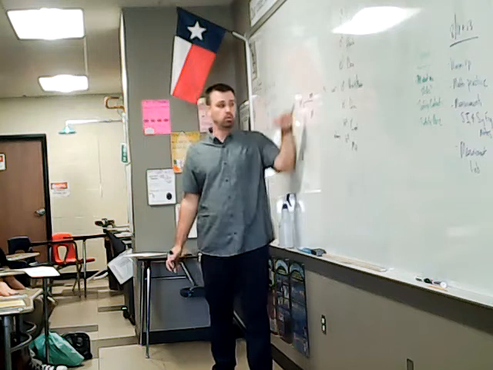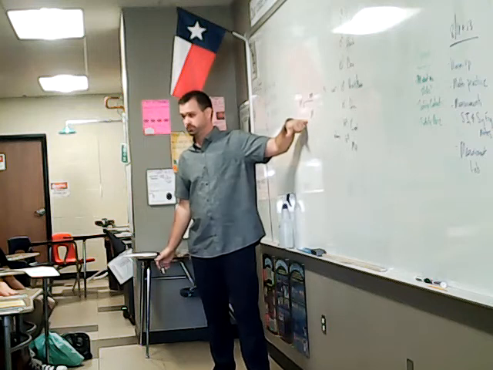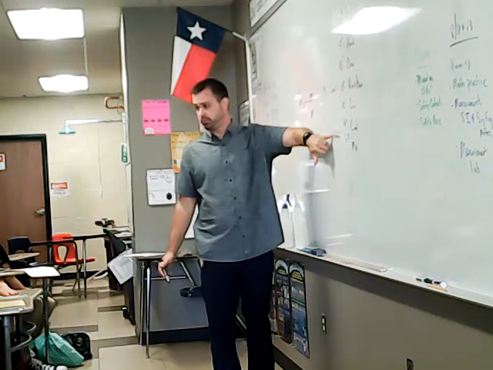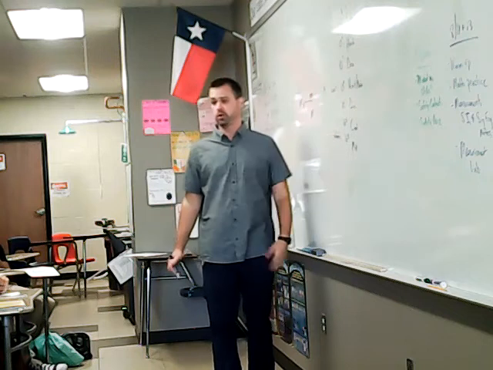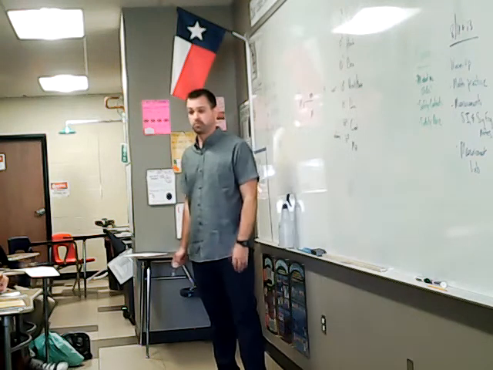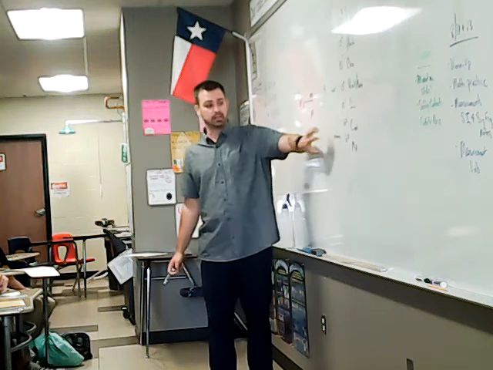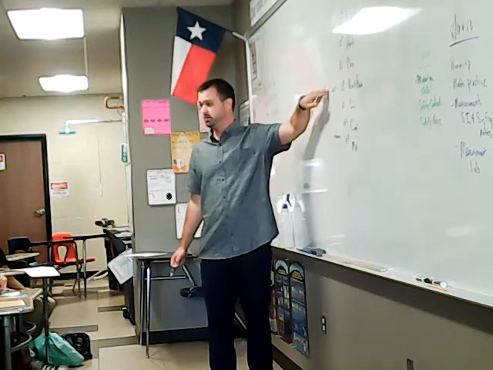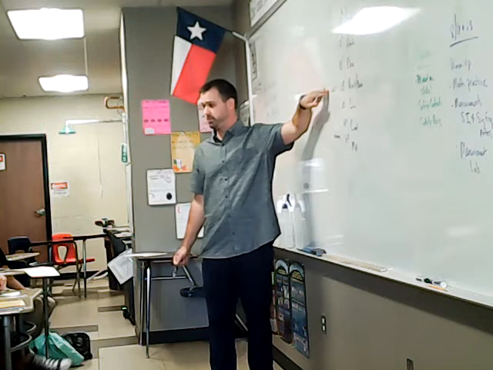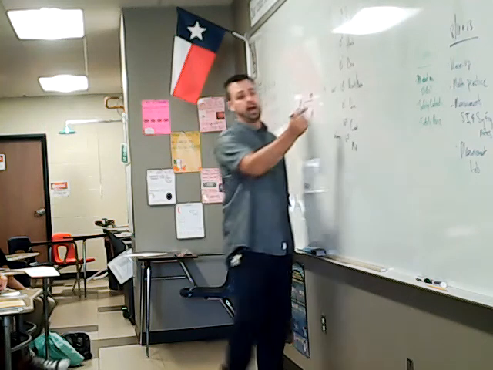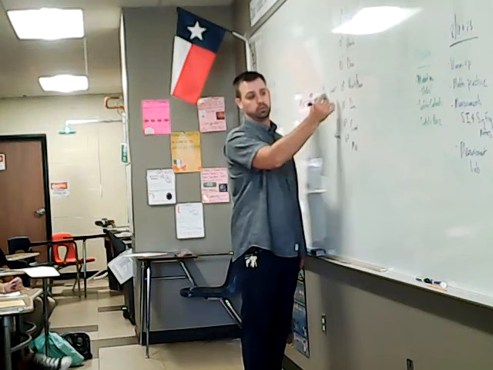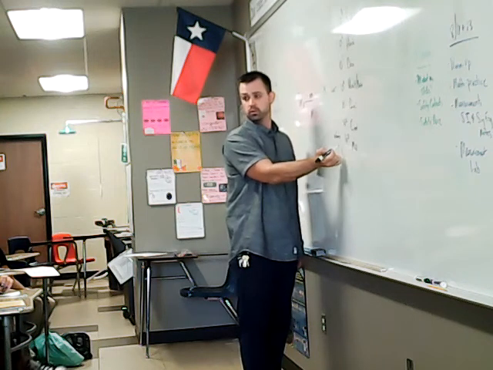So now, what goes in these spots? I have meters into millimeters. Which one is the larger measurement? Meters, right? So there's going to be a lot more of these than these. Think about that. How many steps did I have to get through to get to millimeters? 1, 2, 3.